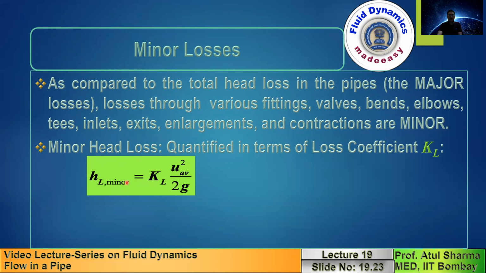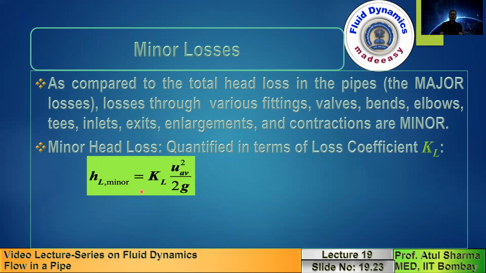For the minor head loss, by doing an experiment, people first obtain the head loss and they already know the average velocity in the pipe, and they use this expression, where the pressure loss is K_L into half rho U square. But to obtain h_L you have to divide by rho g.